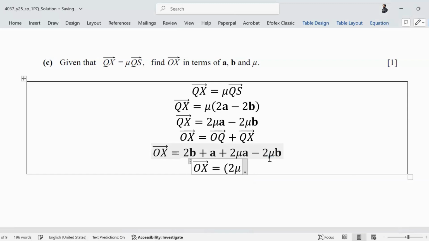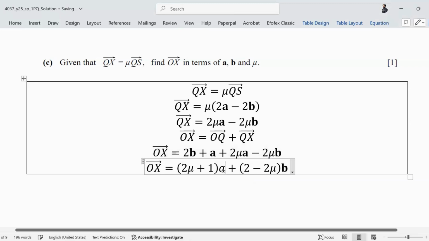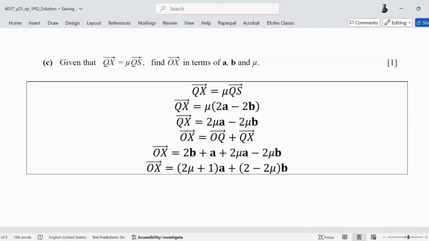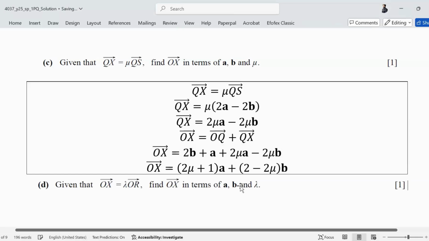I get 2 mu plus 1 A and 2 minus 2 mu B. I know the B part of the vector and the A part of the vector, and they are not related to each other. They will never be like terms. So this is my OX in terms of mu, A and B.